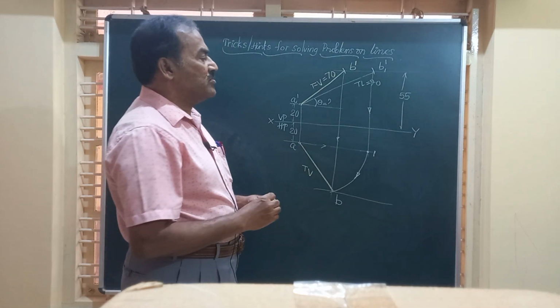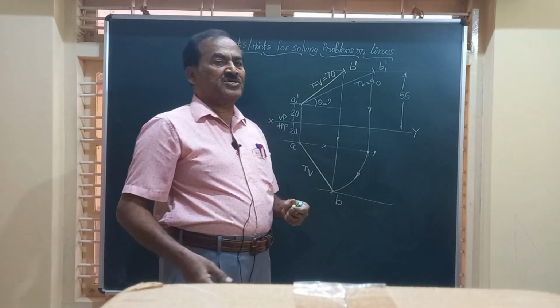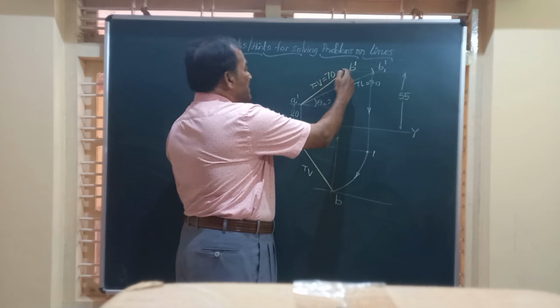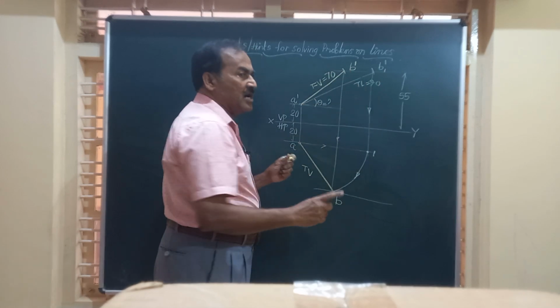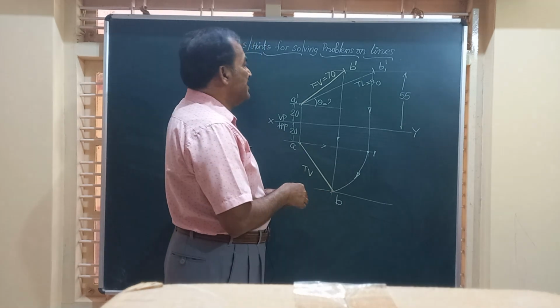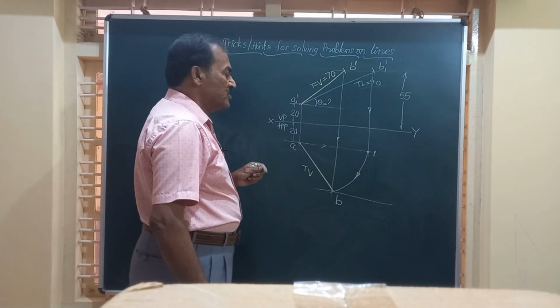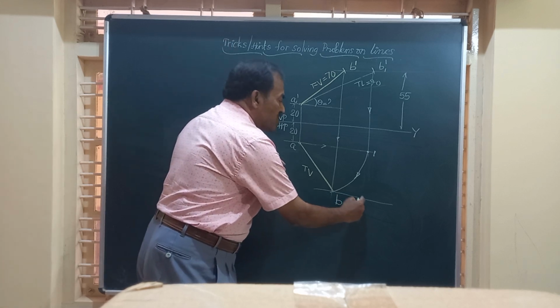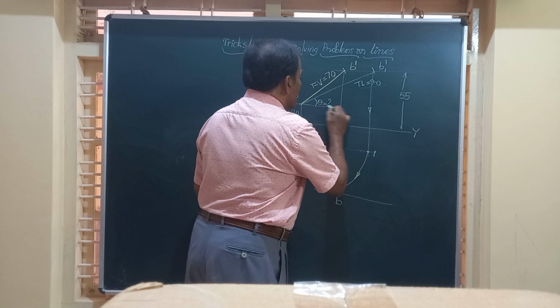Finally friends, I told you there should be totally 4 lines in this projection. Which are they? One is the front view, true length in the front view. The other is the top view and true length in the top view. Friends, true length remains the same, 90. So I have to obtain the end B1 here. There are many methods of obtaining the point.